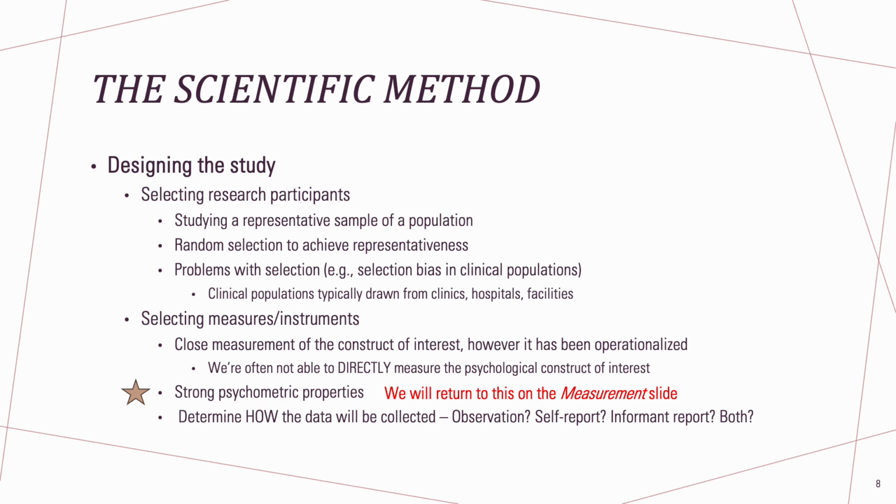Or if you are going to, then there has to be some rationale, and we might first need to conduct a study that shows, hey, this is a particular measure that is valid in this population. So that's not to say you can never use it, but if there are better measures that have been validated and are reliable in your population of interest, you should typically go with those measures.